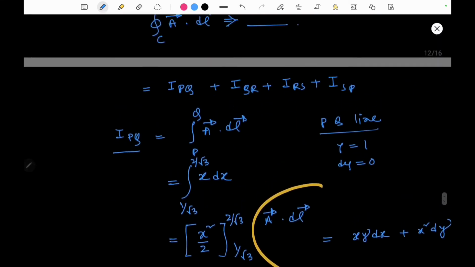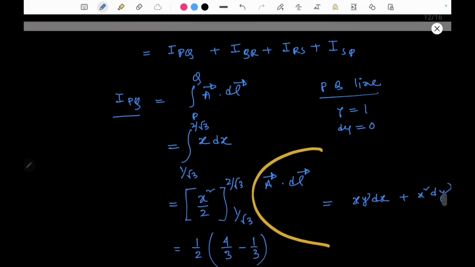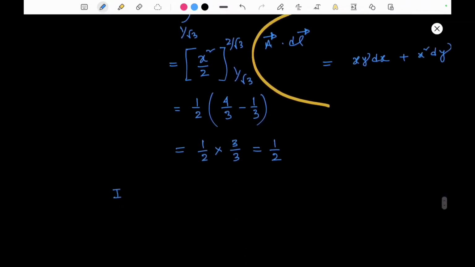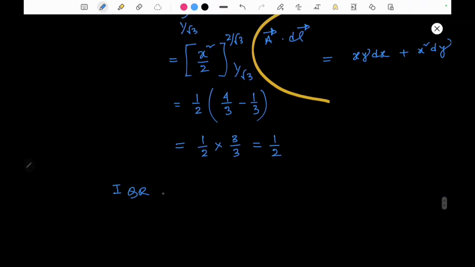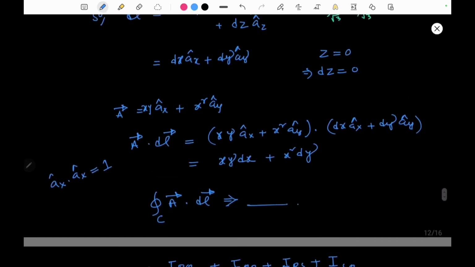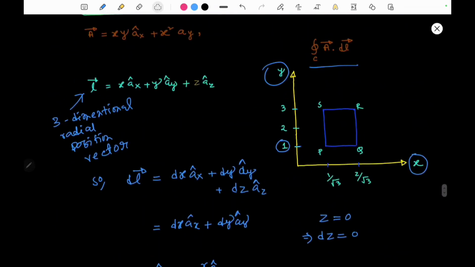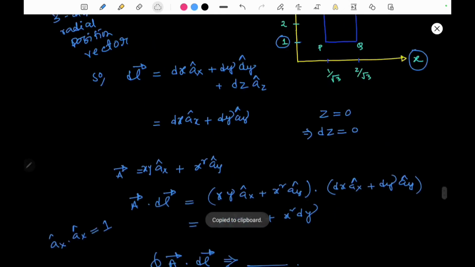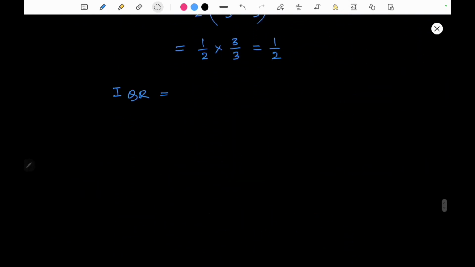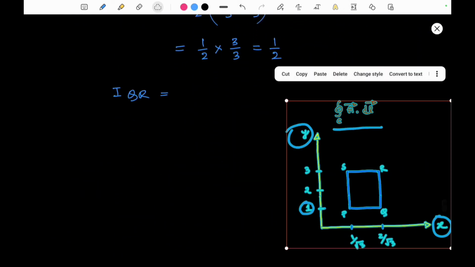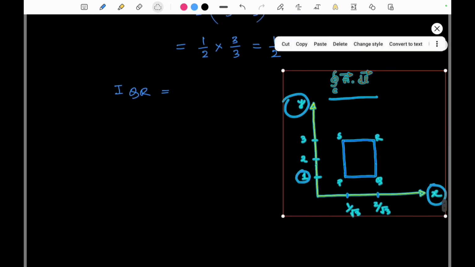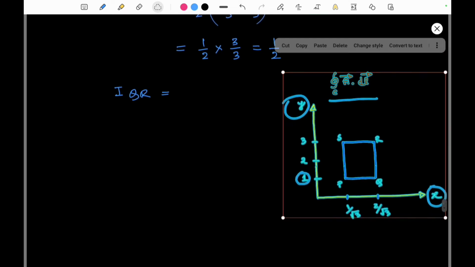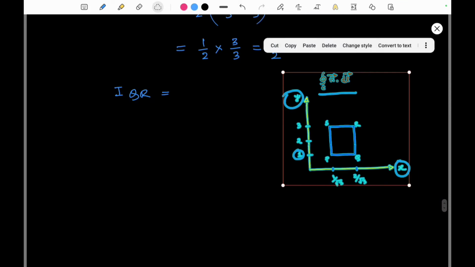Now let's solve the integration throughout the QR line. Okay, so again what we can do, we can copy this graph to relate it properly. Copy, paste. Okay, so hope it is fine.